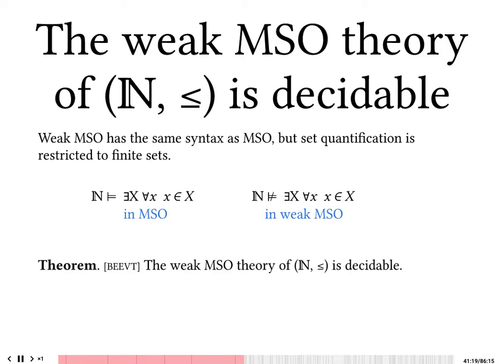And this is one of the oldest results in automata theory and logic, an extremely influential and seminal result, which says that the weak MSO theory of the natural numbers is decidable. So let me give you a proof of this result, which is going to be using automata.